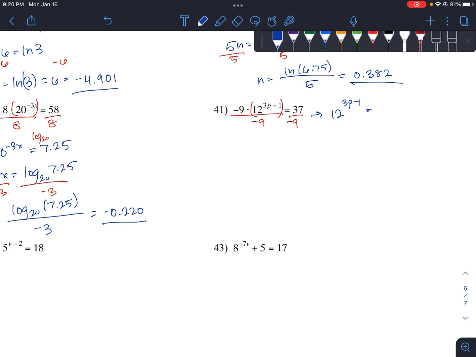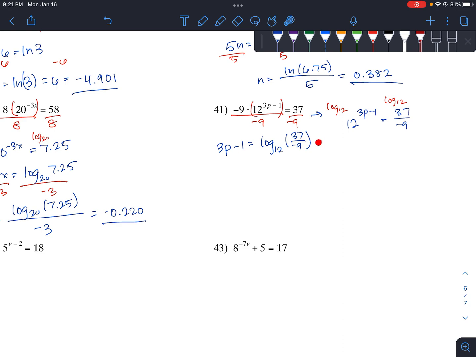I'm just going to leave it as 37 divided by negative 9. From there, I'm going to use a logarithm of base 12. So then I'll have 3p minus 1 equal to a logarithm base 12 of 37 divided by negative 9.